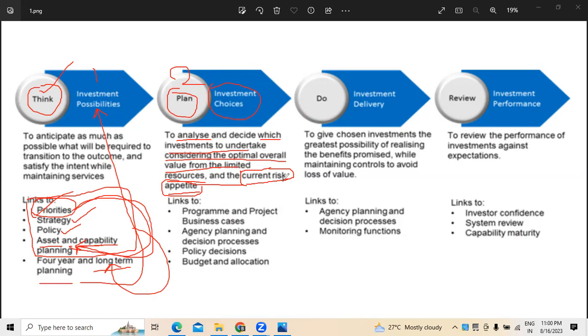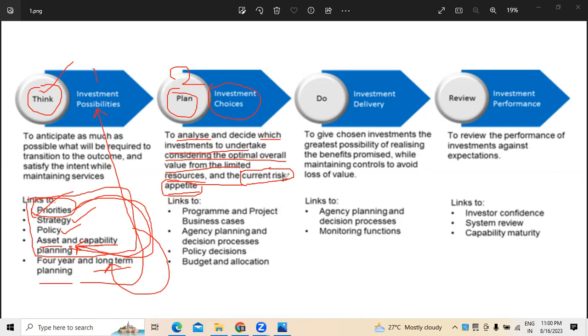Because in one month it may be possible, maybe in the second month it may not be. Am I right or not? Yes. So there will be a choice.